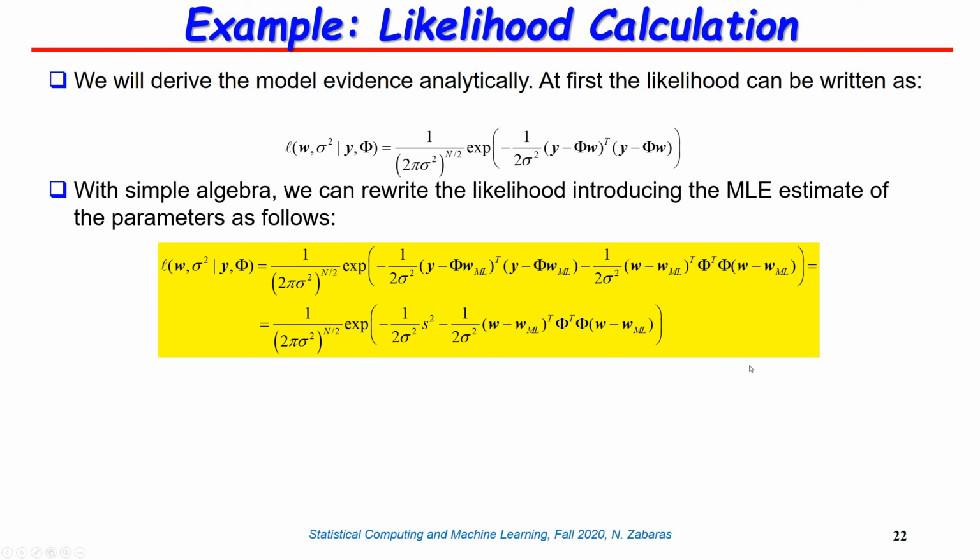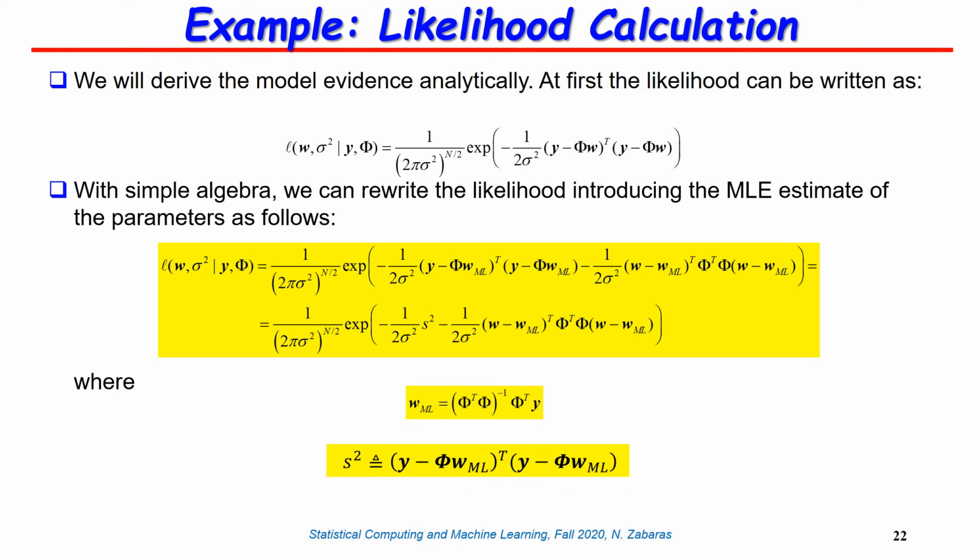What I have done is a little bit of rearrangement of the likelihood using an identity that we have seen multiple times before. If you bring in the MLE estimate for W that is here, you can simplify this term inside the exponential using S squared, and then this quadratic term, W minus the MLE estimate.